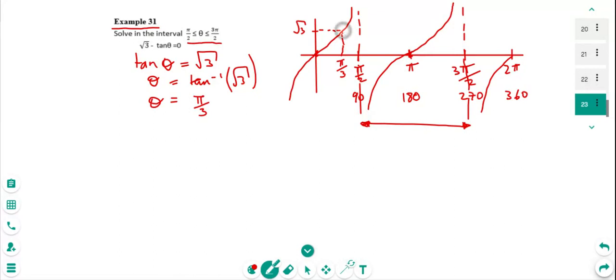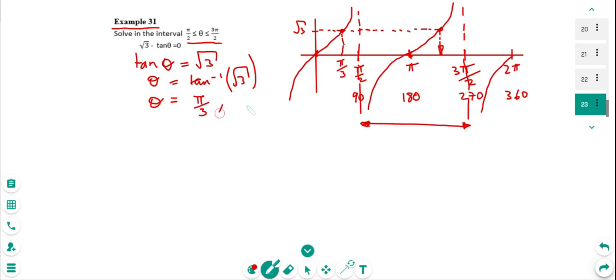So what we have to do is project along to the graph to find the next solution, and that would be there. And again, because of the symmetrical nature of this graph, any solution that we do find, we can find all the subsequent solutions by just adding pi onto it. So this next value here is given by pi by 3 plus pi.